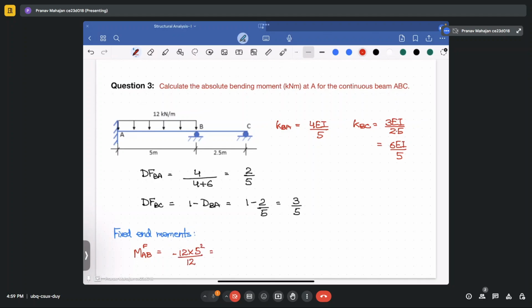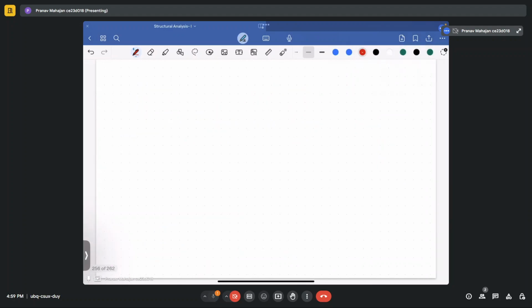It will be equal to minus 25 kilonewton meter. And for MBA, it will be equal to 25 kilonewton meter. Now we have calculated distribution factors as well as the fixed end moments. Now let's draw the table for solving the problem.